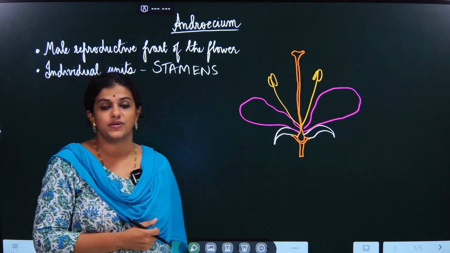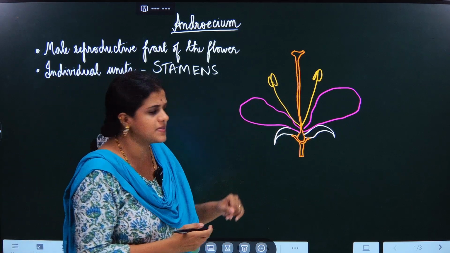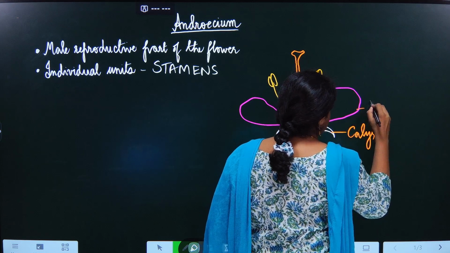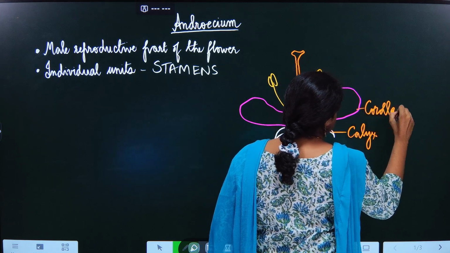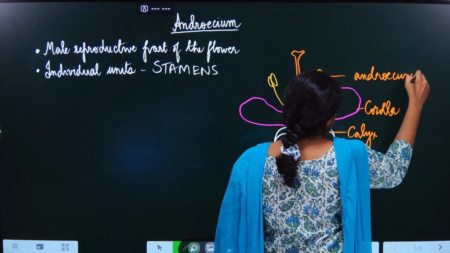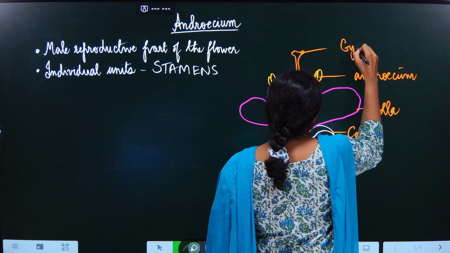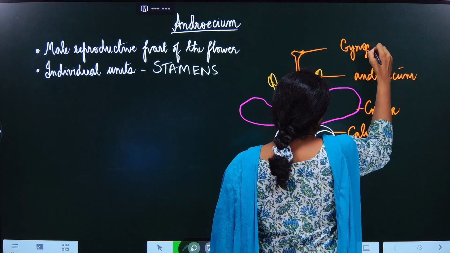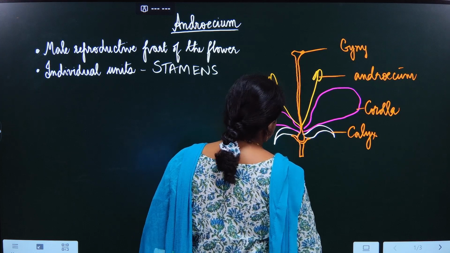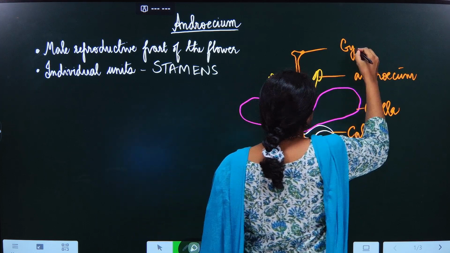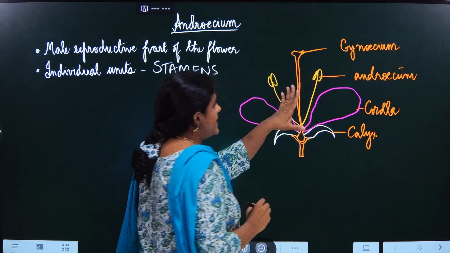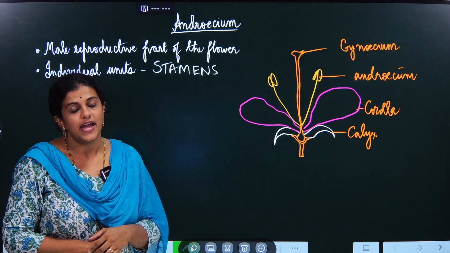They are placed on the receptacle. So, this is a typical flower which has got calyx, corolla, androecium and gynoecium. Of course, their individual structures are different. They have a lot of structures included in them. But today our topic is going to be androecium.